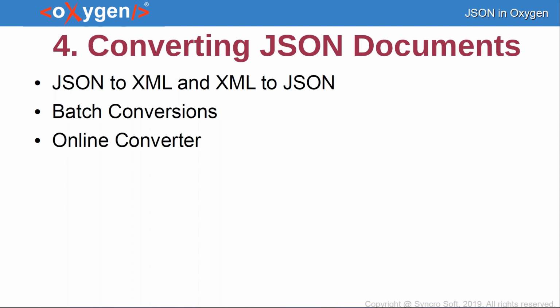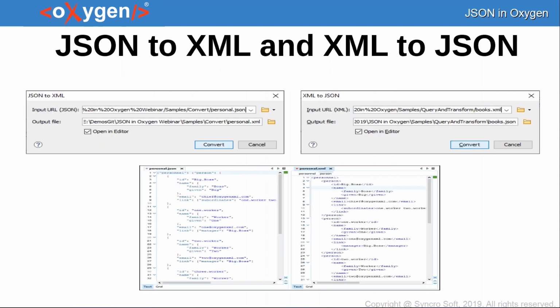Now let's discuss converting JSON documents to XML, and converting XML to JSON, about batch conversion, and about the online converter that we provide. As I told you, in the JSON to XML conversion there are some limitations, and also for XML to JSON.